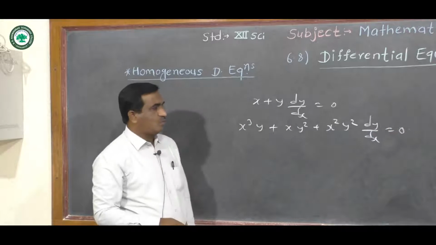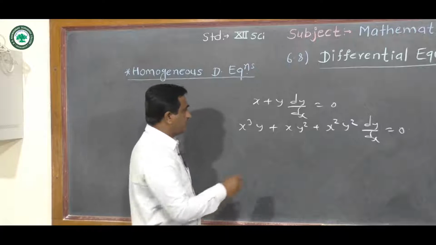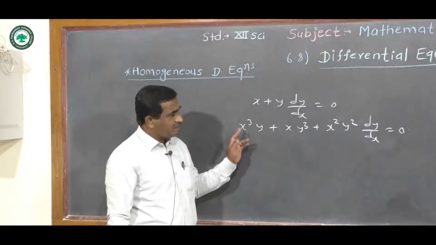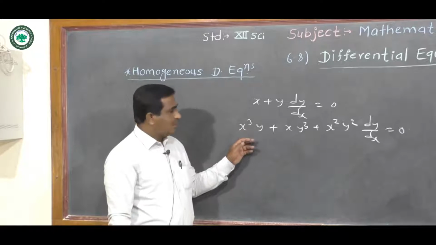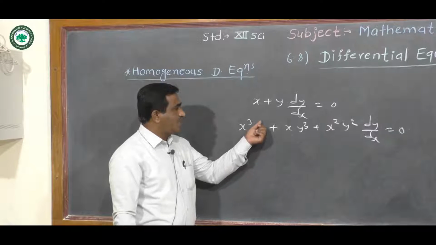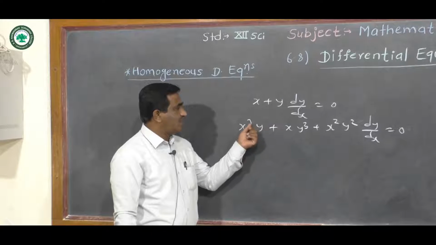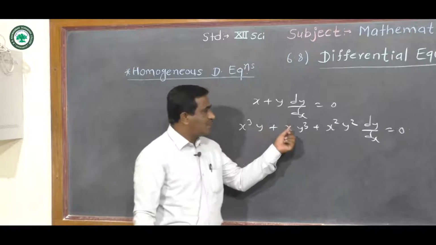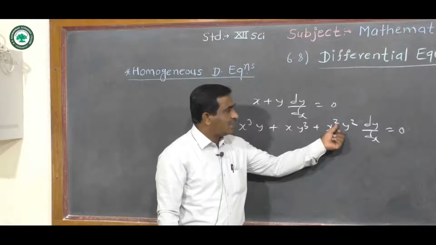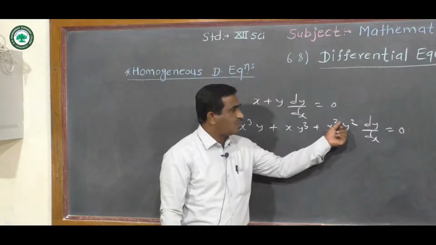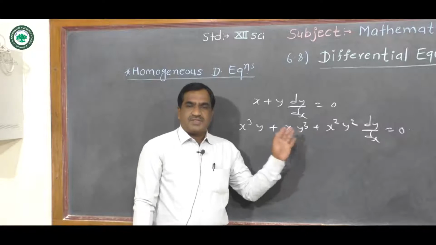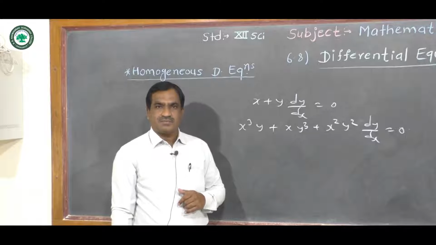This is a homogeneous differential equation of degree 4, because in each term the sum of the indices of variables x and y is 4. x raised to 3, y raised to 1, 3 plus 1 means 4. Here also x raised to 1, y raised to 3, 1 plus 3 equal to 4, and here also x raised to 2, y raised to 2, 2 plus 2 is equal to 4. Therefore this is a homogeneous differential equation of degree 4.